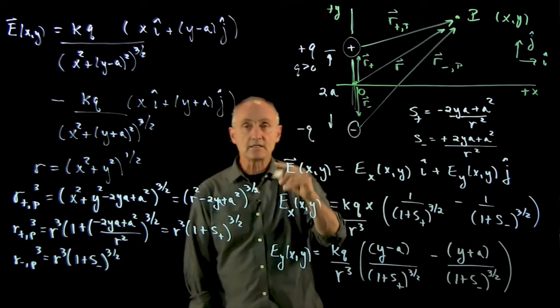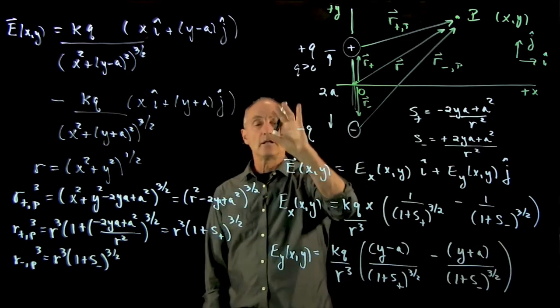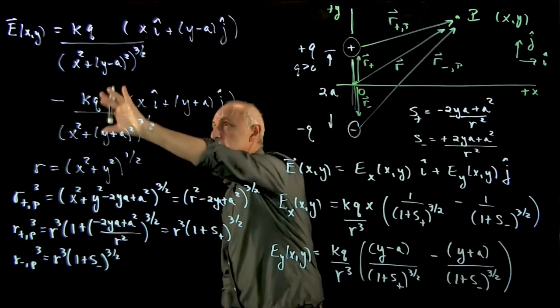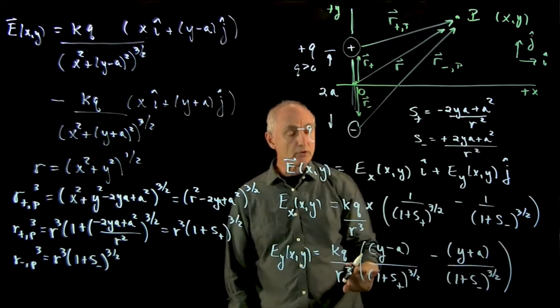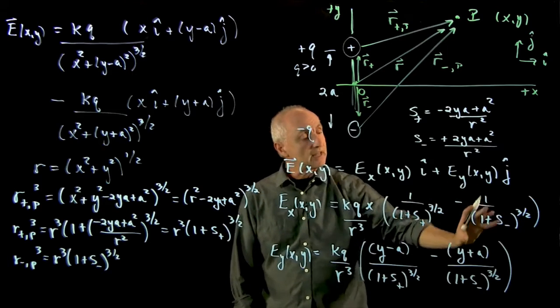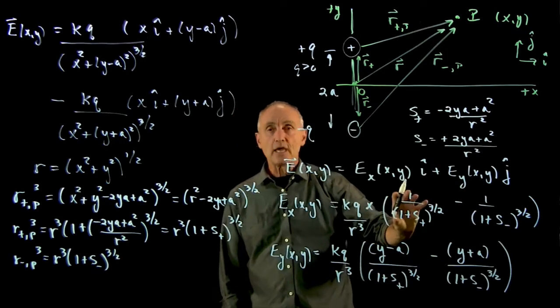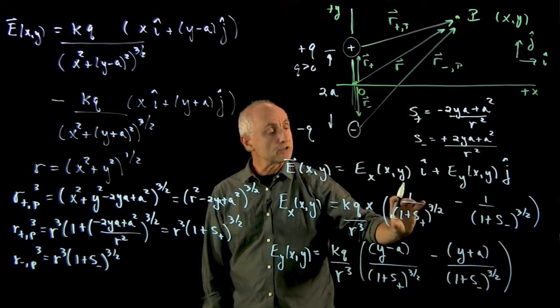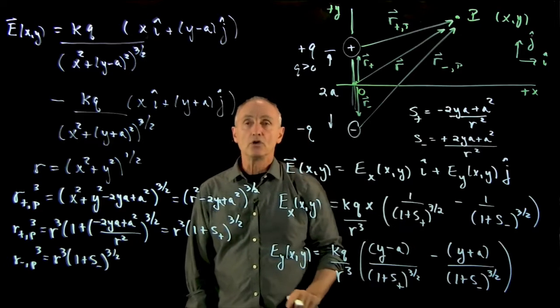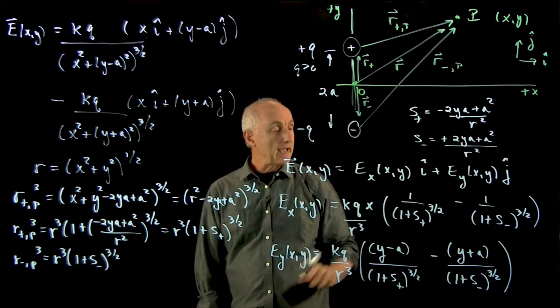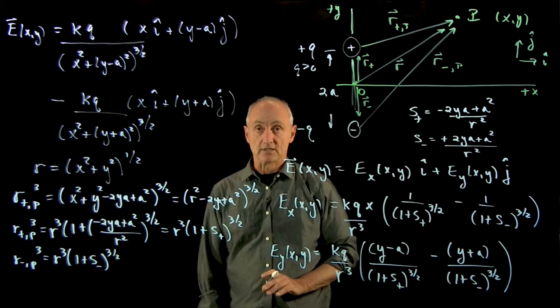And this is, again, another way of rewriting the expression for the electric field in terms of its two component functions. But now that I have it set up in this way, I can make a power series expansion of each of these quantities using the Taylor formula. And that's where we'll go next.